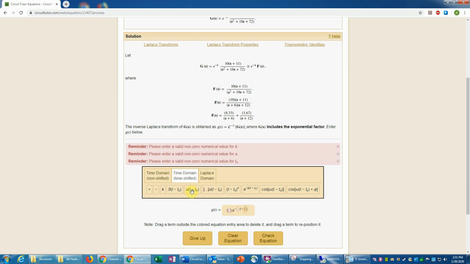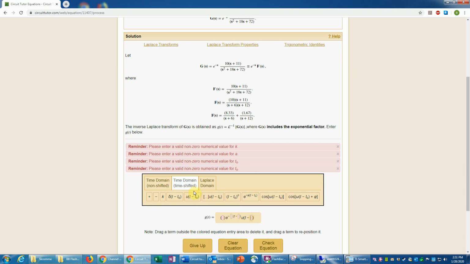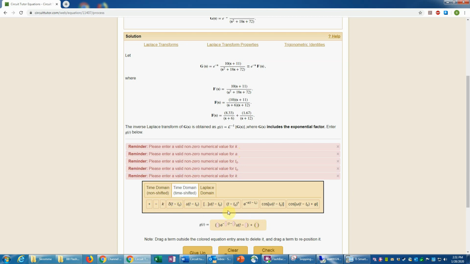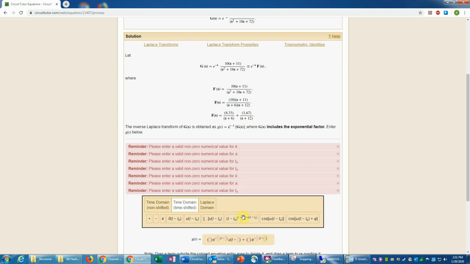I'm just going to use separate functions here to make it a little bit simpler. And then I need to add to that the inverse transform of the second term, using the fact that the Laplace transform of the sum is the sum of the Laplace transforms of the individual terms. That's the linearity property, which is available here if you don't remember it. And so now I need another constant times another time-shifted decaying exponential function times, again, the time-shifted unit step function here.